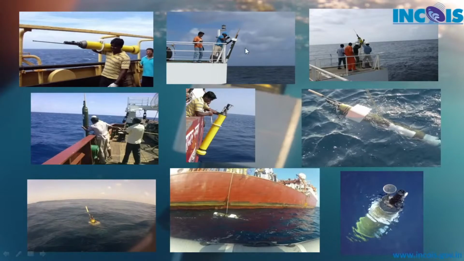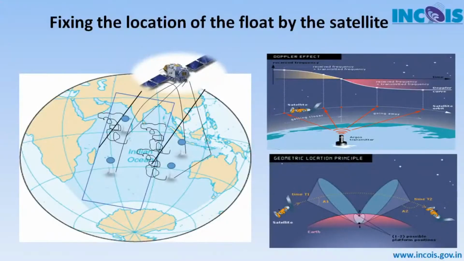The yellow ones are all Apex from the US, and this is the BioArgo float, which has additional sensors for dissolved oxygen, chlorophyll, backscattering, things like that. And this is also an Apex float with Iridium communications. This plain antenna is the one with Argos communication. The one on the top like this with the circular thing is with Iridium communications. So we have all types of floats with different communication channels, which I'm going to cover in the future slides.